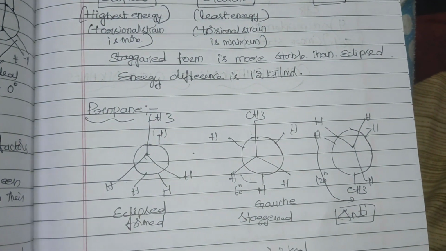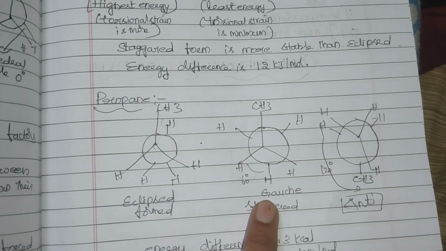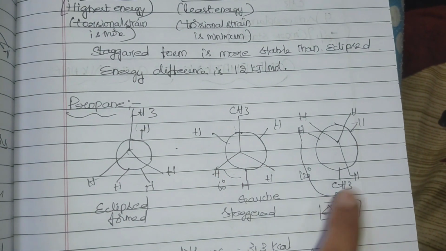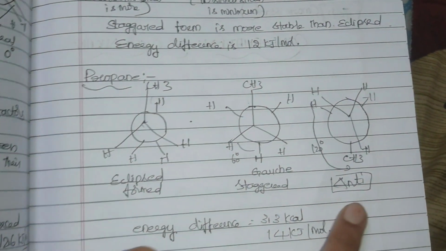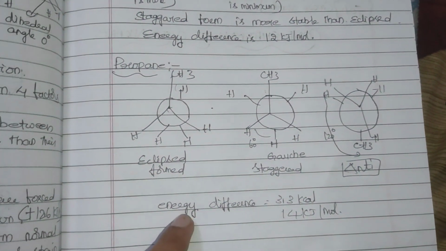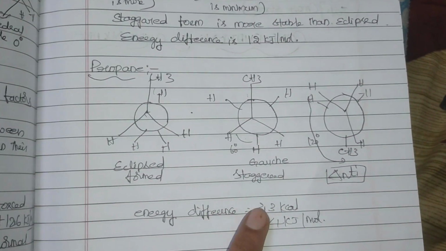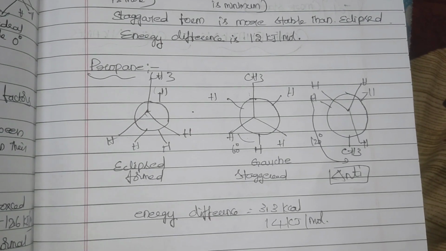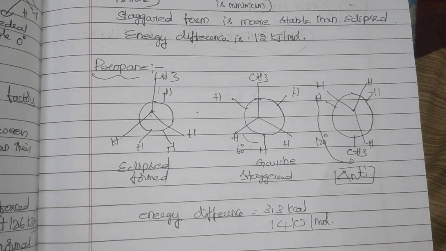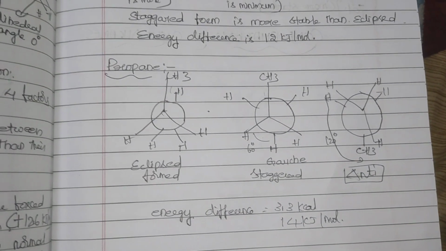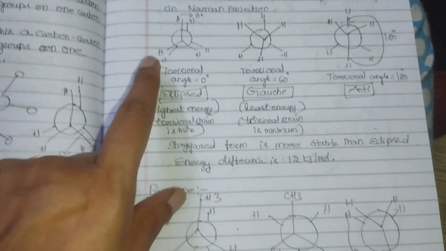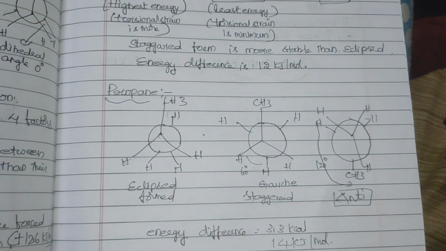So it is propane in eclipsed form, in Gauche form at 60 degrees, in anti form at 180 degrees. The energy difference is 3.3 kilocalories, or 14 kilojoules per mole, needed to change from one form to another. Propane needs more energy to convert than ethane.